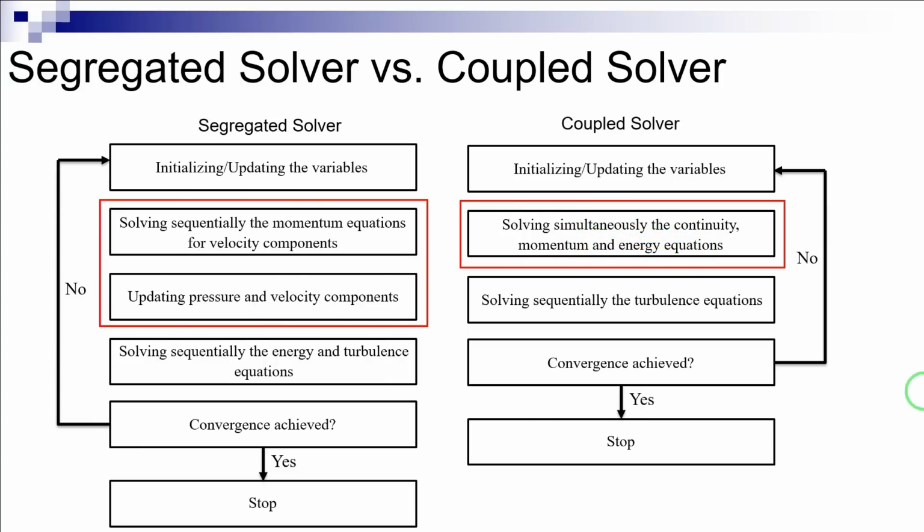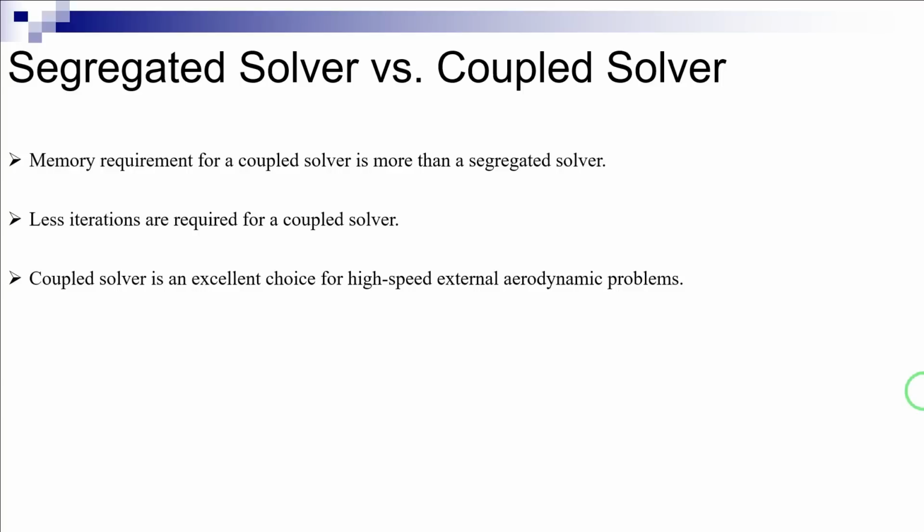Thus, the memory requirement for a coupled solver is more than for a segregated solver. However, using the coupled solver, fewer iterations are required to achieve the final solution. Generally, the coupled solver is an excellent choice for high-speed external aerodynamic problems.